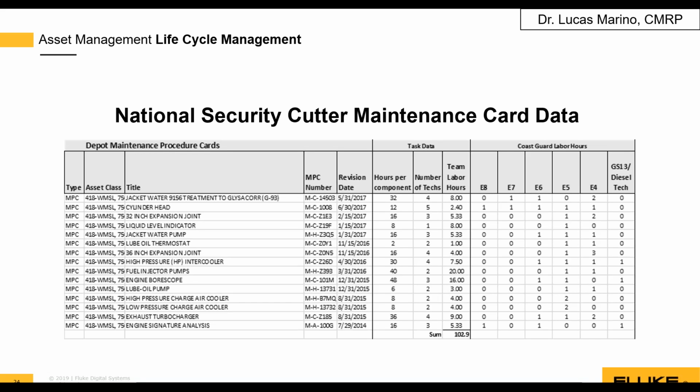Okay. So the main columns here to pay attention to are the title of the task, right? The hours per component, the number of technicians required to execute that task in that time frame, and then how many team hours are involved.